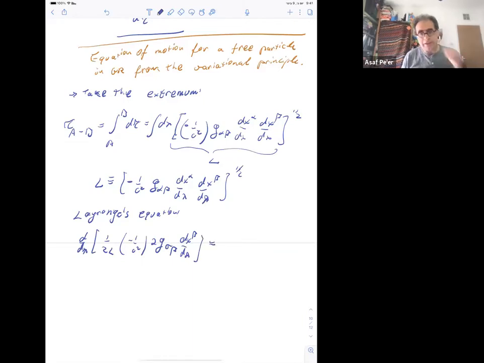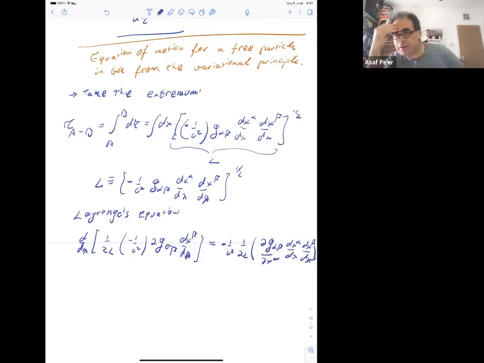But now on the right-hand side, we need to take the derivative of L with respect to x, not just dx over d lambda. And that can occur via g. So we have minus 1 over c squared, 1 over 2L, and then the derivative of g alpha beta over dx sigma, times dx alpha over d lambda, dx beta over d lambda.